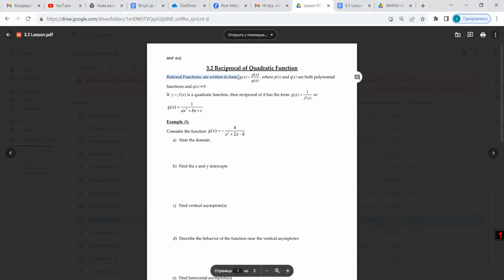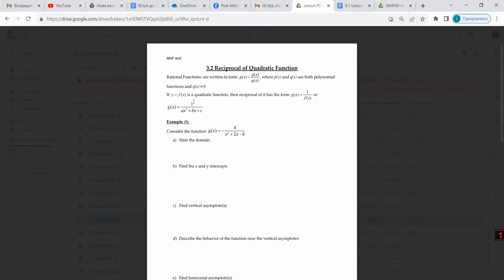The rational functions are written in the form g of x equals p of x over q of x, as I've said before, where p of x and q of x are both polynomial functions, and the denominator, q of x, does not equal 0. Now we are making the reciprocal more complicated than before. Instead of a linear function, we use a quadratic function now. Q of x does not equal 0. That's important to remember for any reciprocal function.